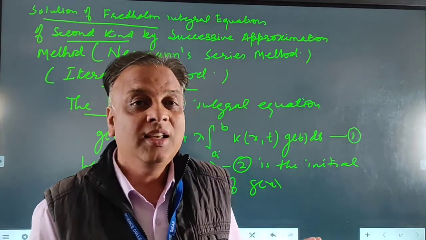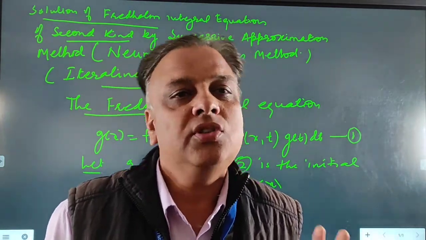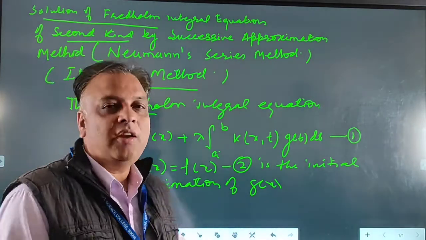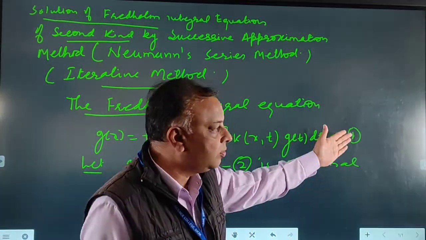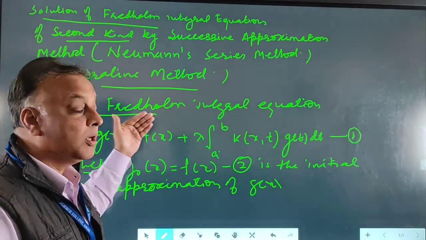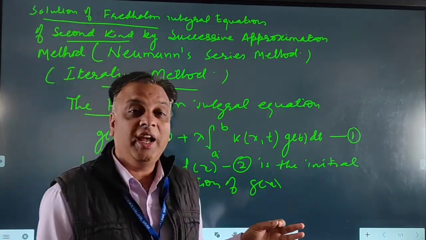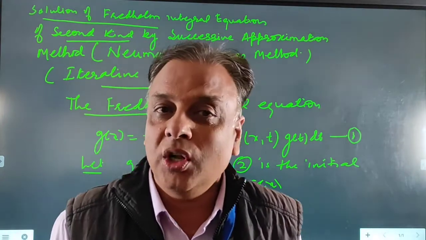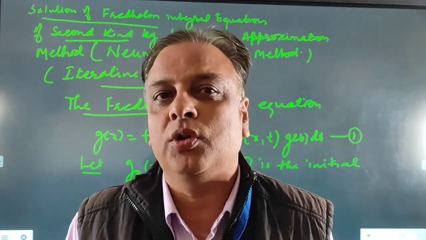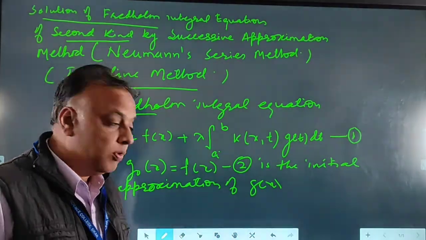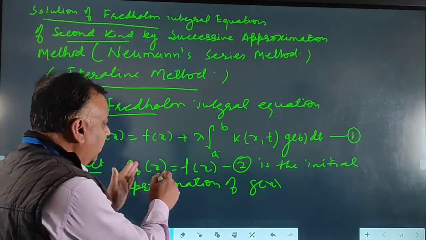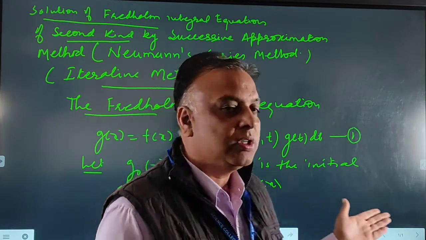Proceeding in the same way, if we put the nth approximation gn(x) in equation 1, then we get the (n+1)th approximation g(n+1)(x) of the given integral equation. So here g0(x) = f(x), which is equation number 2.